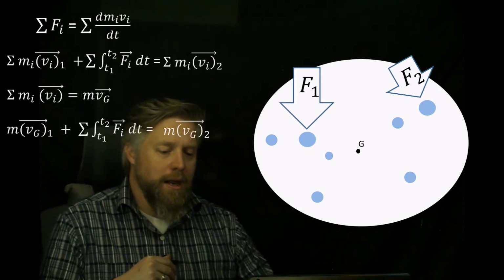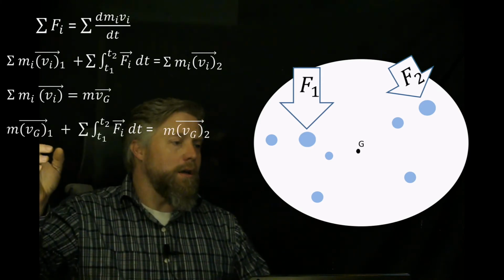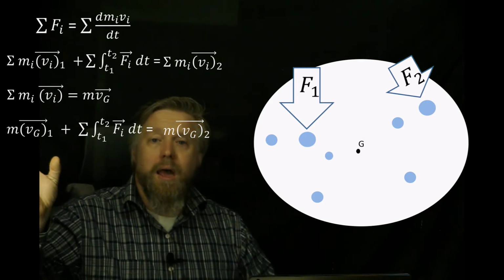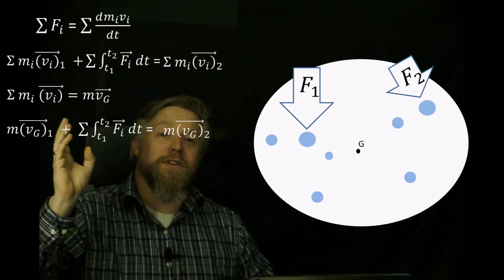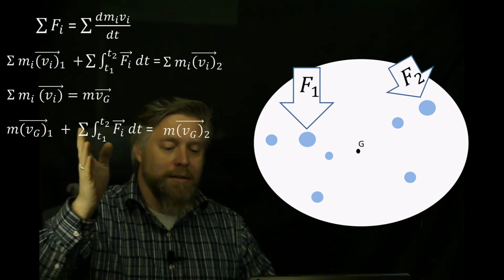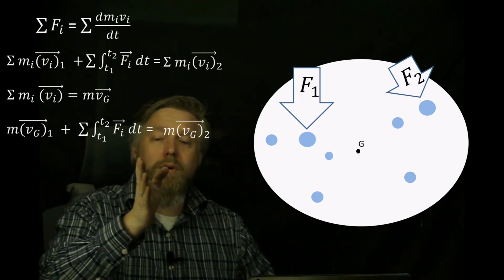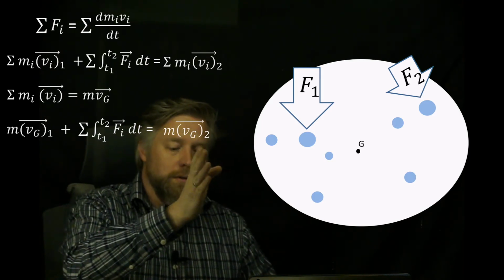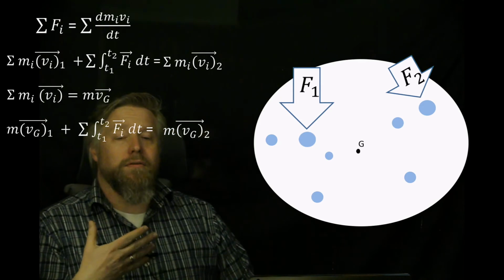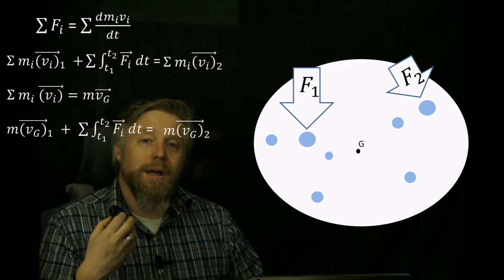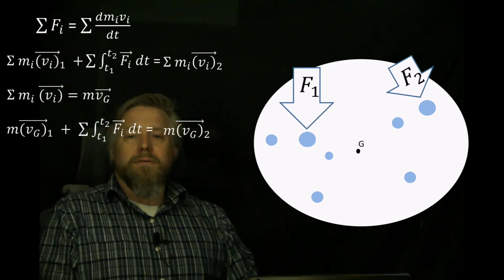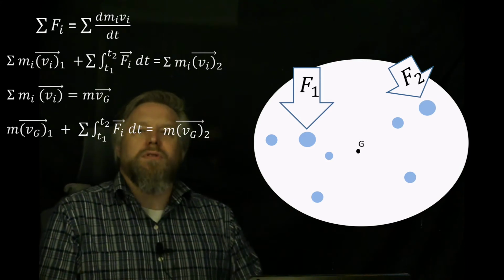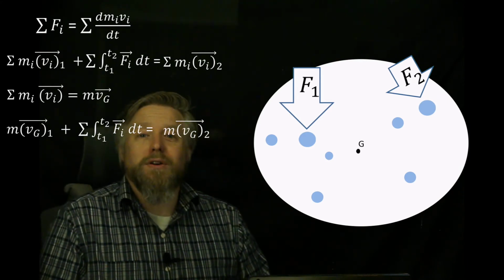And we can have a very similar equation to linear impulse and momentum where we have mvg1, where vg is that fictitious mass center, plus that impulsive force over time is equal to the momentum of our fictitious mass center at the end.